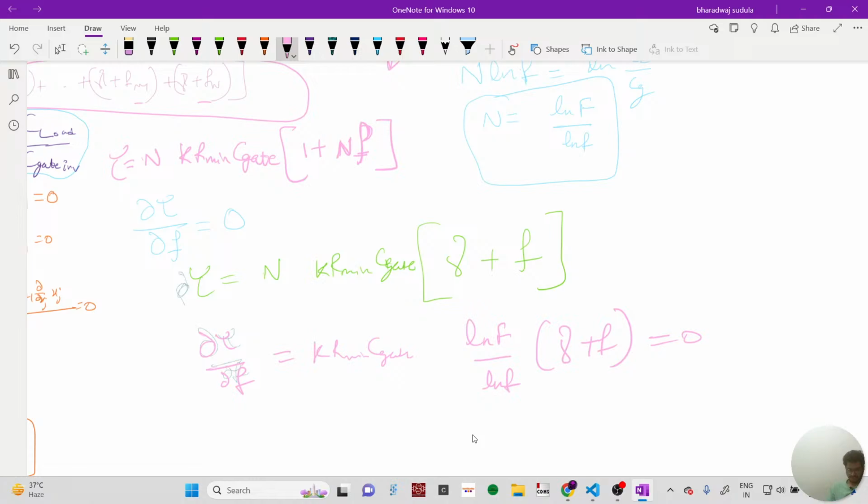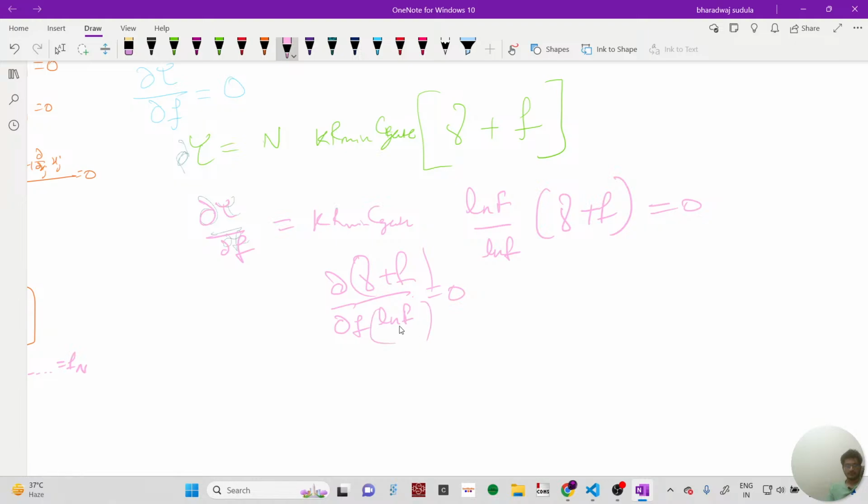So sorry for the disturbance. So ln f is constant. You can keep that equated to 0. It will be 0. So this is the term that I have to differentiate and equate to 0.